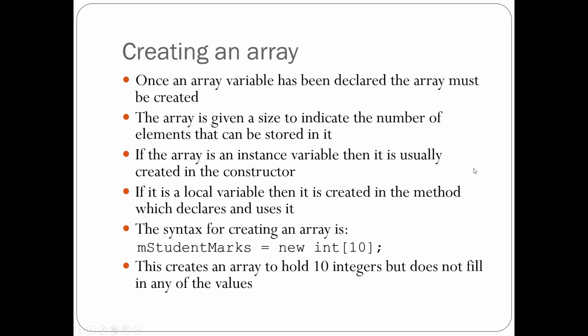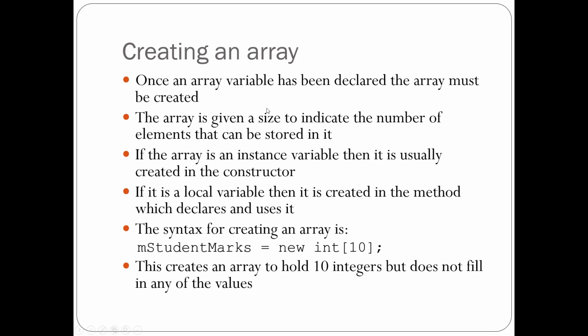Later on in the code, we actually do create the array, and what we tend to do is create the array itself within the constructor. So we declare the array in the variables bit at the top, and then we create the array in the constructor.